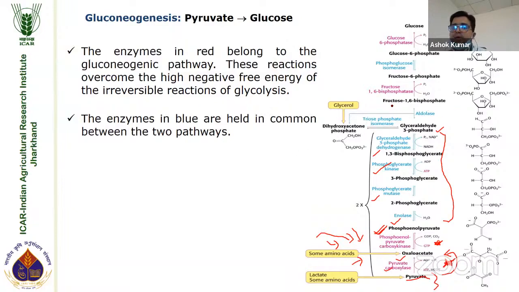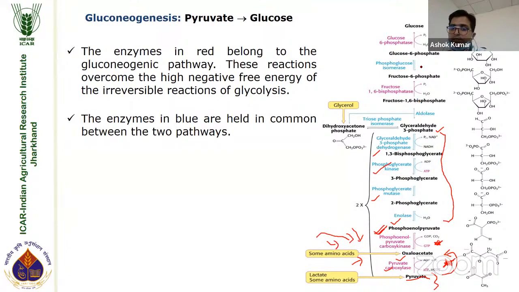Once you have the phosphorylated hexose sugar, you remember that we had phosphofructokinase, the phosphorylation of fructose 6 phosphate into fructose 1,6 bisphosphate in glycolysis.